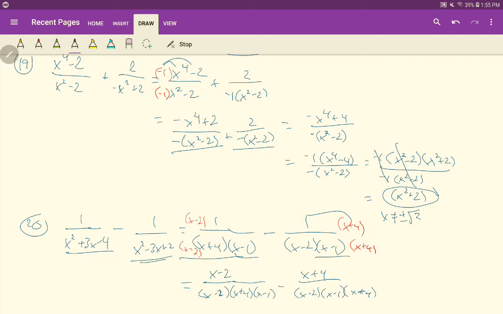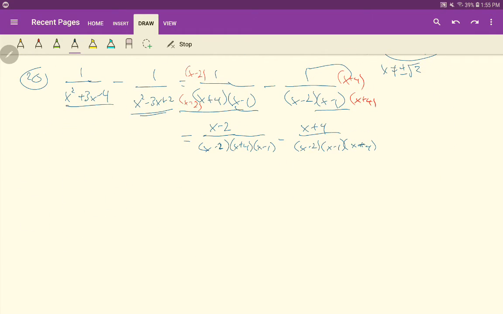Okay, same denominators now. So we will now subtract. Be careful here. That minus sign distributes to both terms. So if you want to always be careful, you just put parentheses around the first numerator, subtract parentheses around that second numerator, and then over the x minus 2 times x plus 4 times x minus 1.